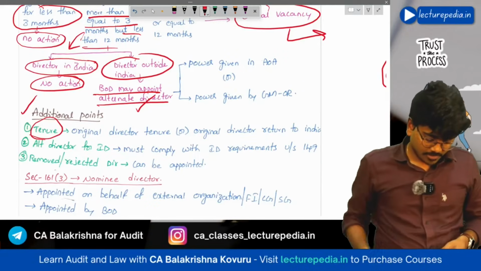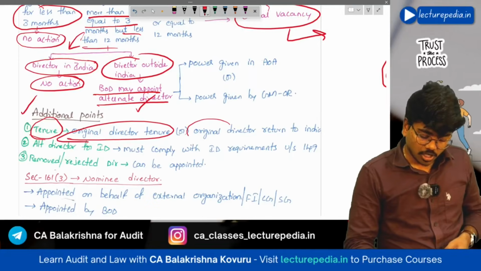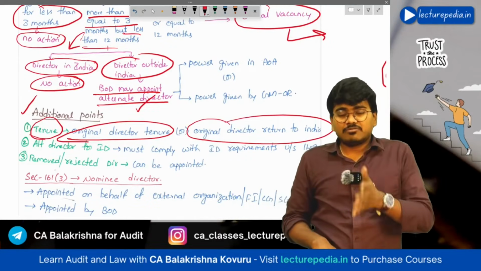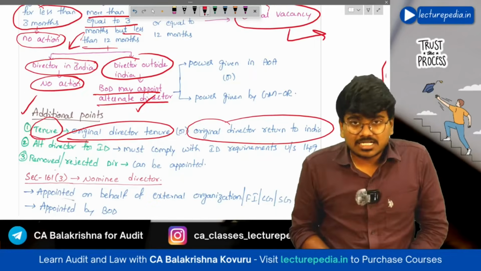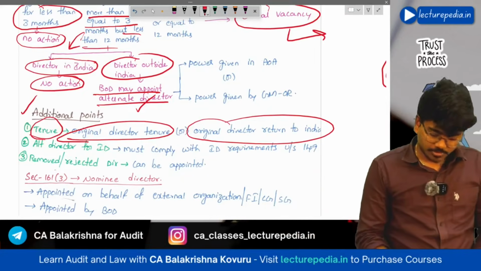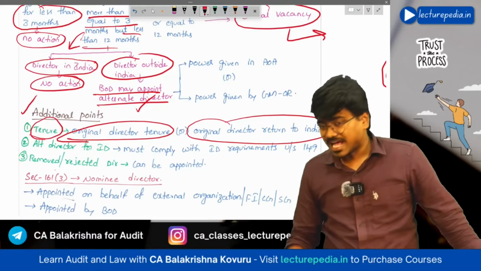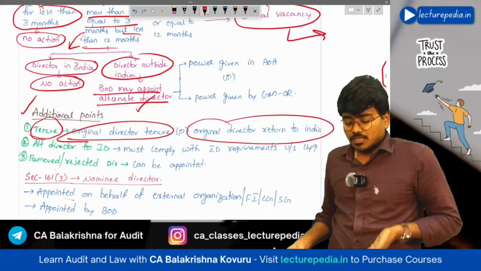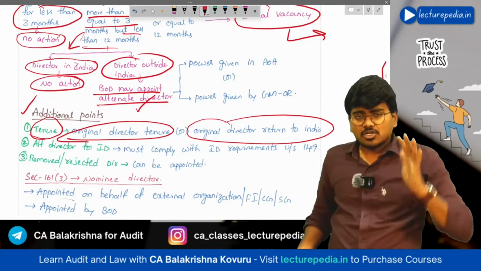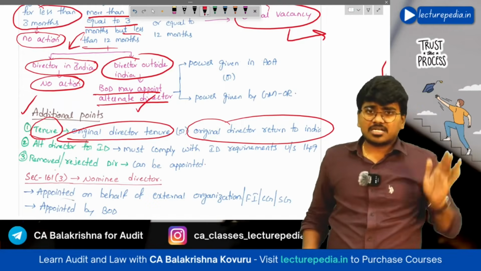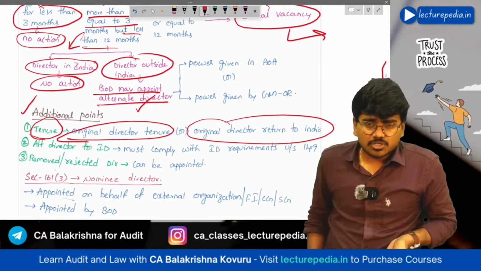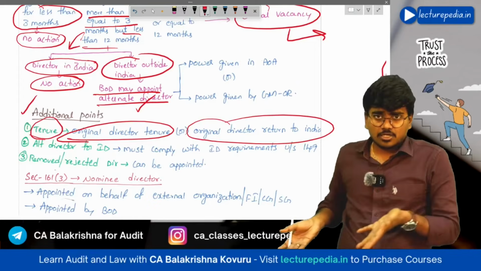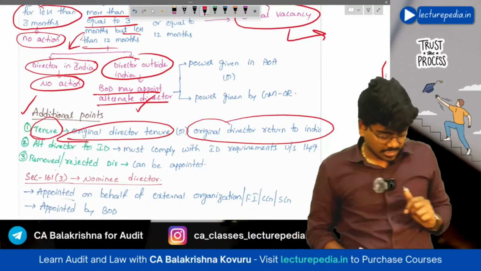Original director's tenure or original director's return to India, whichever happens first, that will be the tenure of the alternate director, because the alternate director has been appointed as an alternate to the original director. Once the original director returns to India, his position will be taken over by him and the alternate director has to retire. So that is the tenure of the alternate director.